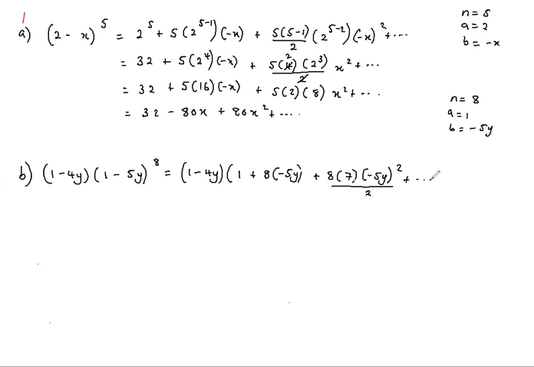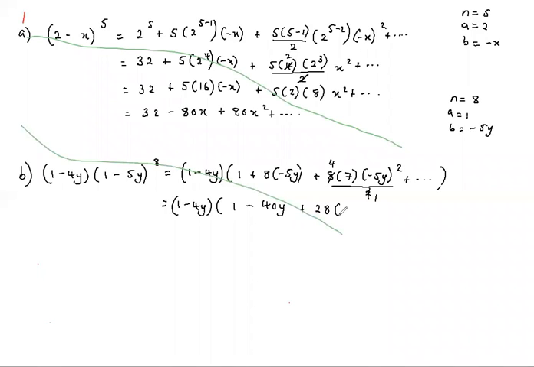We could keep going, so end here, which becomes 1 minus 40y, 2 here 1, 2 there 4, so we get 28, so we get 28 by 25 y squared.